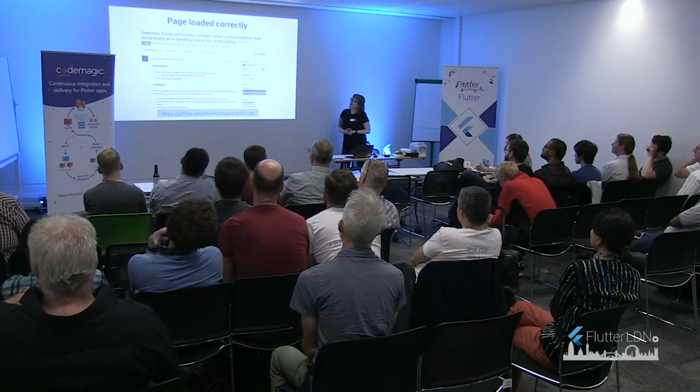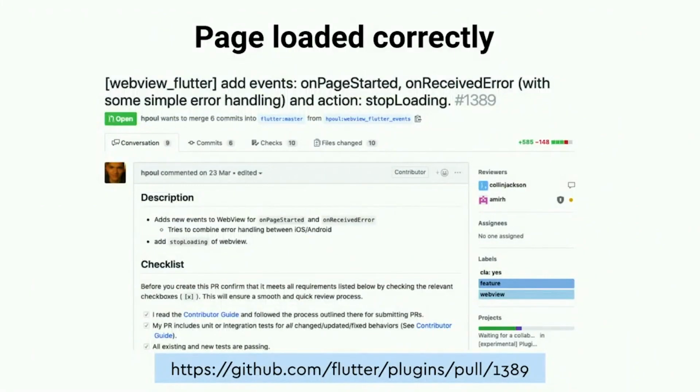Also, there's another PR open to solve an issue where you want to know when your page has loaded correctly, and that's something that the plugin doesn't give you at the moment. Thankfully, there's this PR, but that's it. I think that was also sitting.